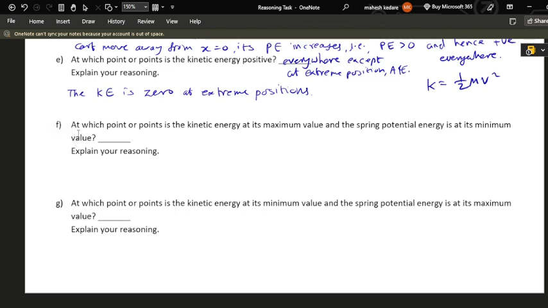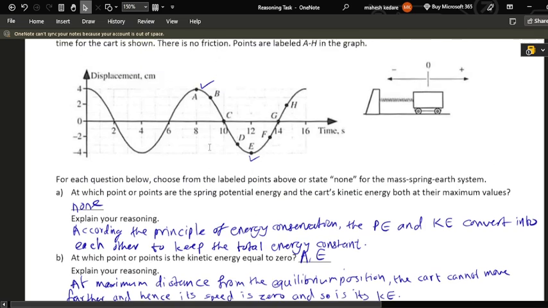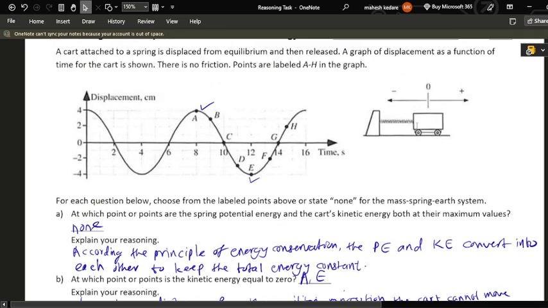Question D. At which point or points is the kinetic energy at its maximum value and spring potential energy at its minimum? Kinetic energy is maximum when the car passes through the equilibrium position. The equilibrium position is the position which we designate as zero.